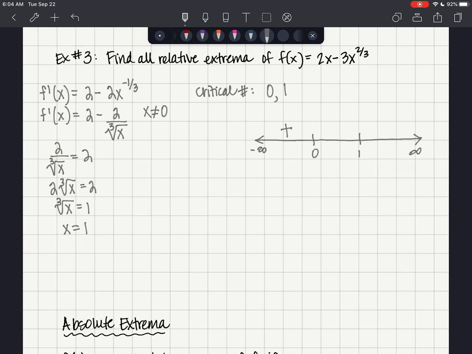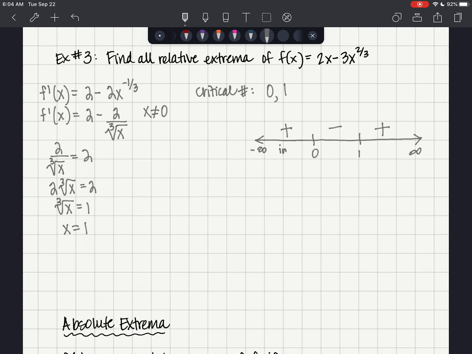If I put a value from 0 to 1 in, this is where you would press pause. You were going to try this yourself. Put a value from 0 to 1 in for x. You're going to get a negative value. And then putting a value in from 1 to infinity, you're going to get a positive value.